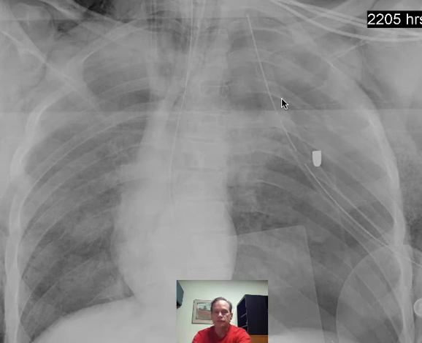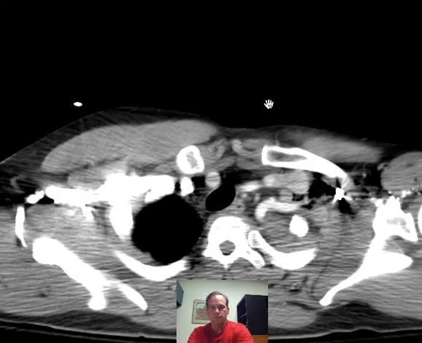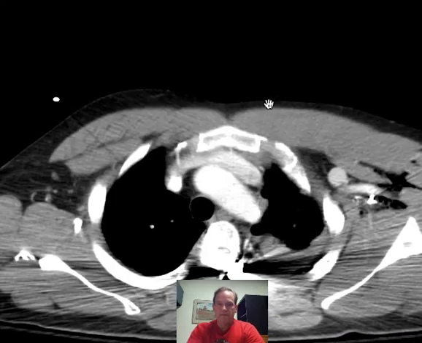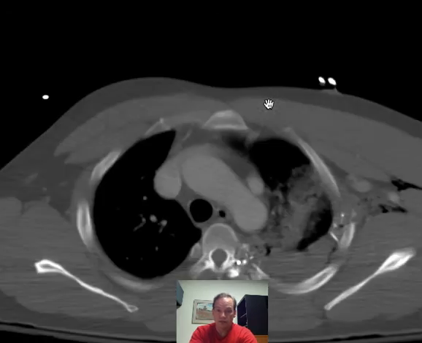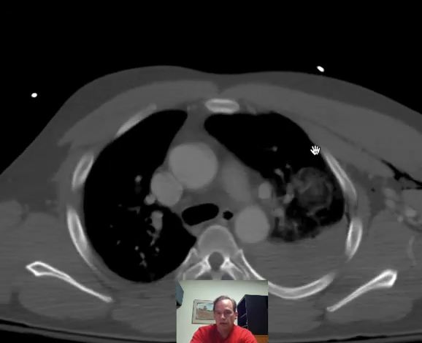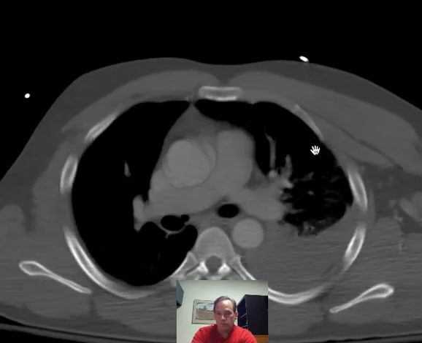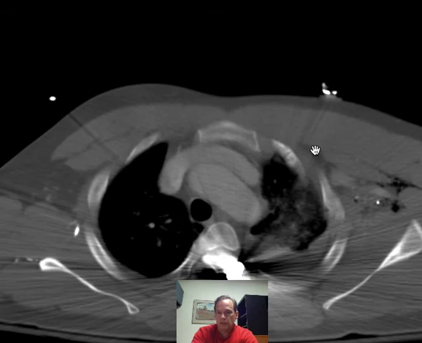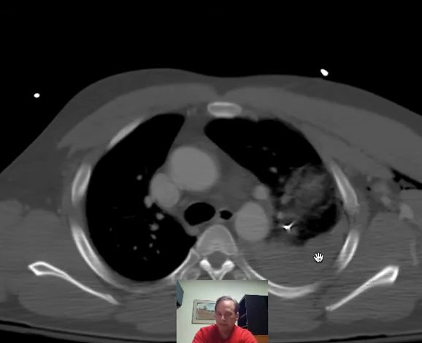So this is tension pneumothorax. Let's look at it with that in mind here. Okay, you see the bullets? The bullet fragments, rather. Okay. So this is all blood in the pleural space. That is hemothorax.